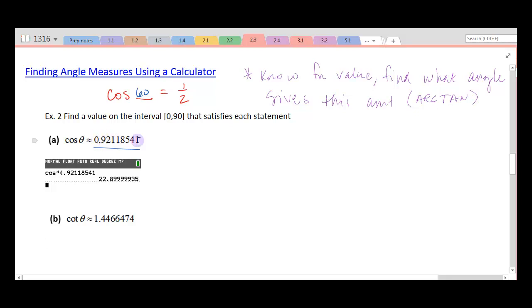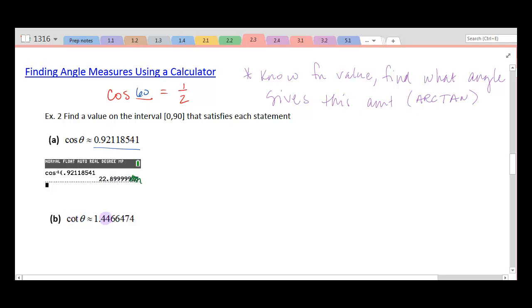So my solution must contain 8 digits. The 3, 5 over here would not show up in my answer, and my answer would be 22.899999. That's how we know how many decimals to give back, unless we're told otherwise.